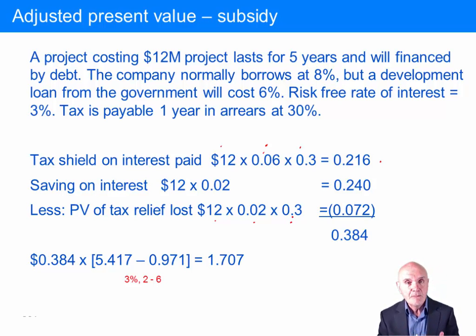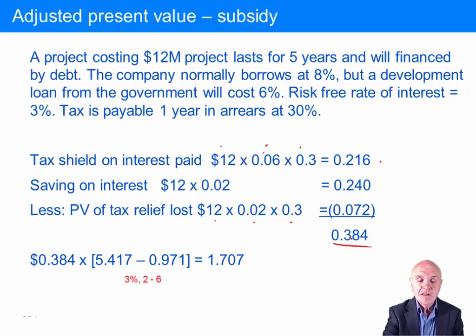It's not as big a benefit as we thought, if you like. So here we have the annual saving through the subsidised loan, which is still getting tax relief. It's going to be 0.384 per annum.